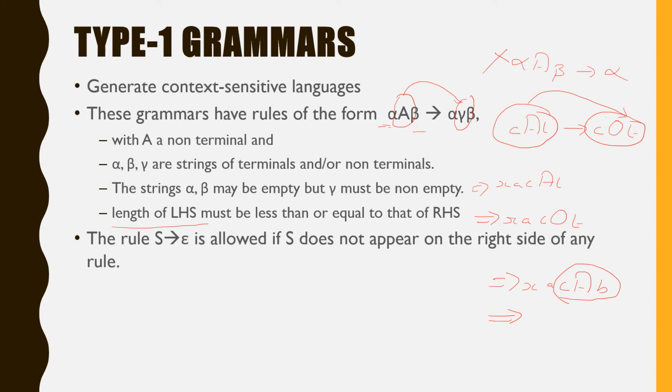The rule S derives epsilon is allowed if S does not appear on the right hand side of any rule. So we should not have something like A derives S. If we have a production like A derives S, then S derives epsilon is not possible in a context sensitive grammar.